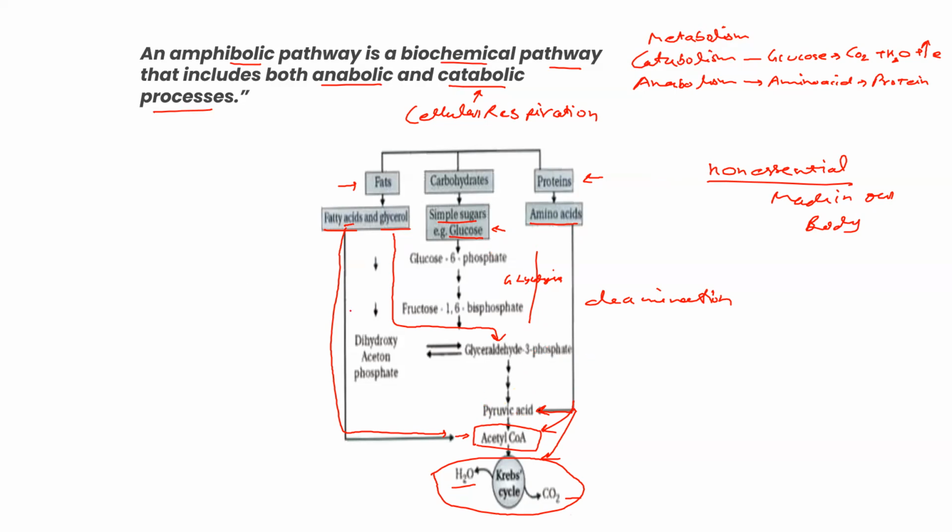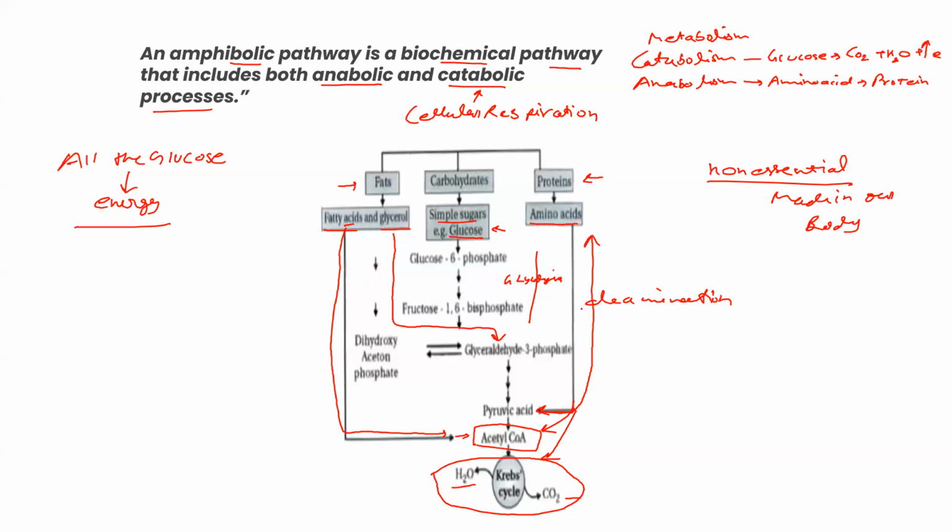All the glucose which is stored by our body is not converted into energy. After this breakdown in cellular respiration, the pyruvic acid, acetyl coenzyme A or Krebs cycle intermediates can form amino acid also.